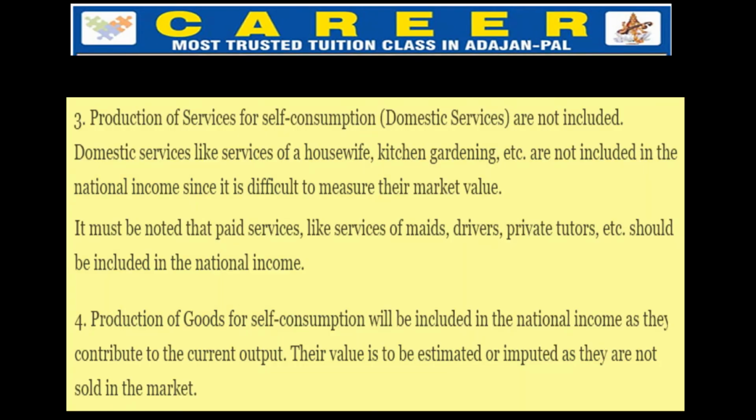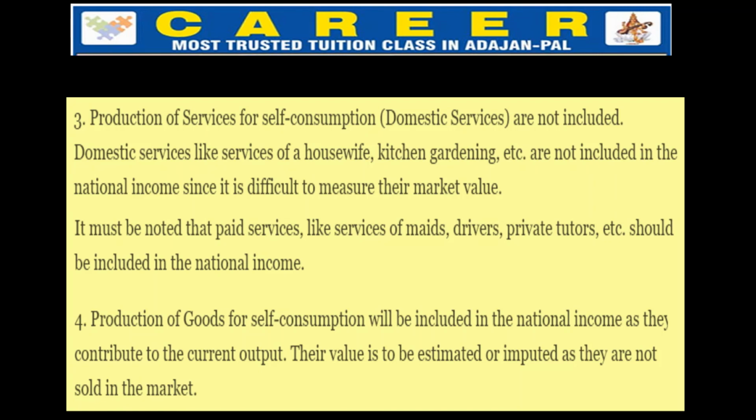Production of services for self-consumption is not included. Domestic services of a housewife, kitchen, garden and all this are not included in national income. But remember here, paid services like services of maids, drivers, private tutors, etc. should be included in national income. Production of goods for self-consumption will be included in national income as they contribute to the current output.